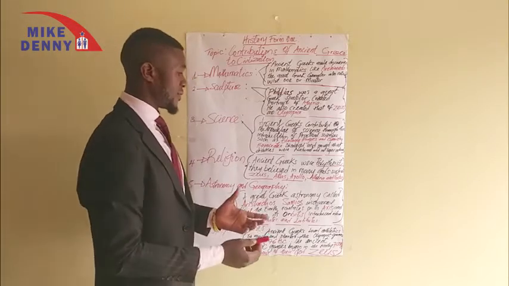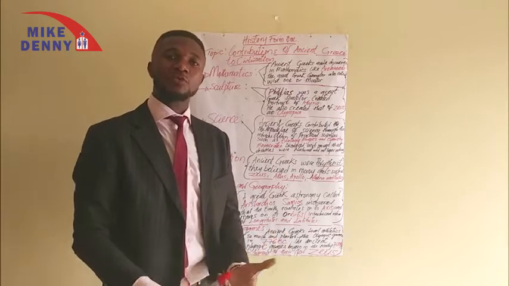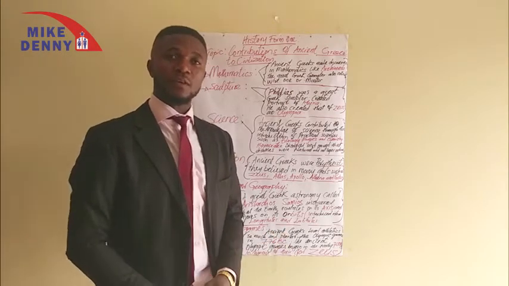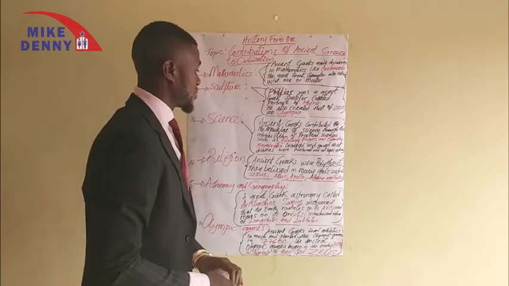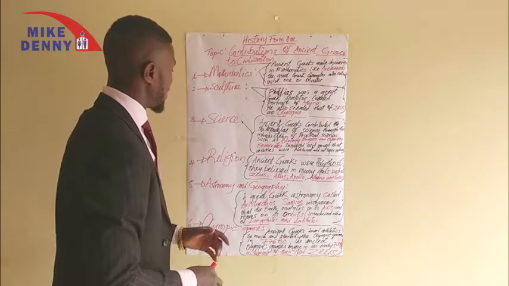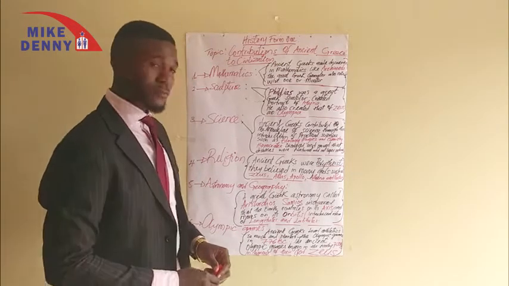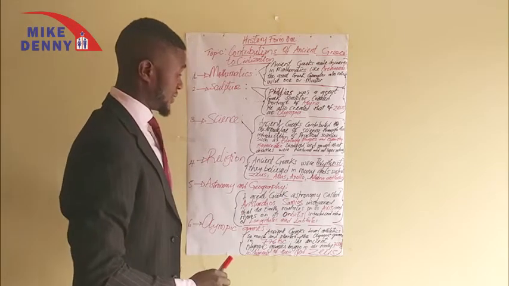Astronomy and geography. How did ancient Greeks help in astronomy and geography? Geography, which is one of the subjects studied in the arts today, was discovered in ancient Greece. That was one of the motivating factors of the Greek civilization.